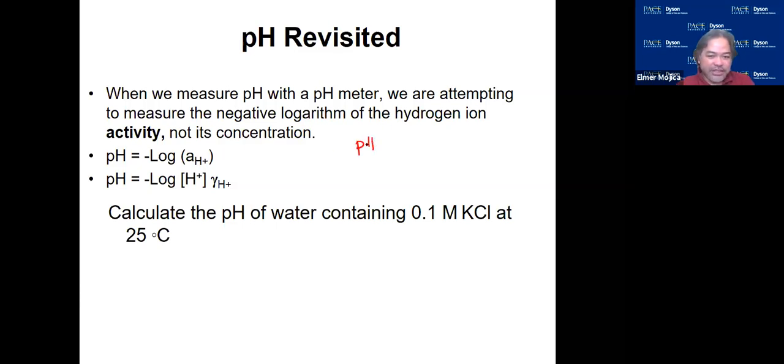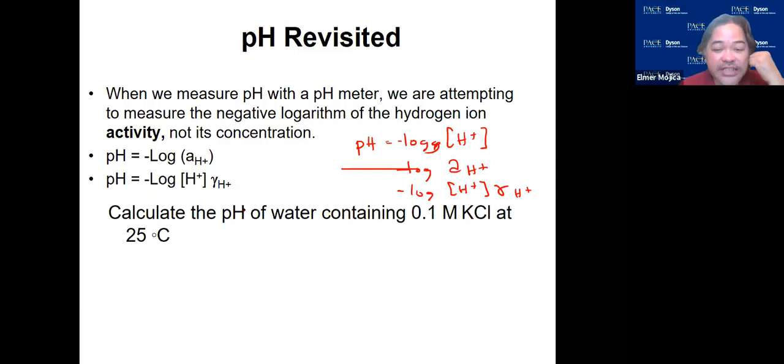When we have pH equals negative log of H+, it is really the negative log of the activity of your H+, or the negative log of H+ times the activity coefficient of H+. So calculate the pH of water containing 0.1 molar KCl.